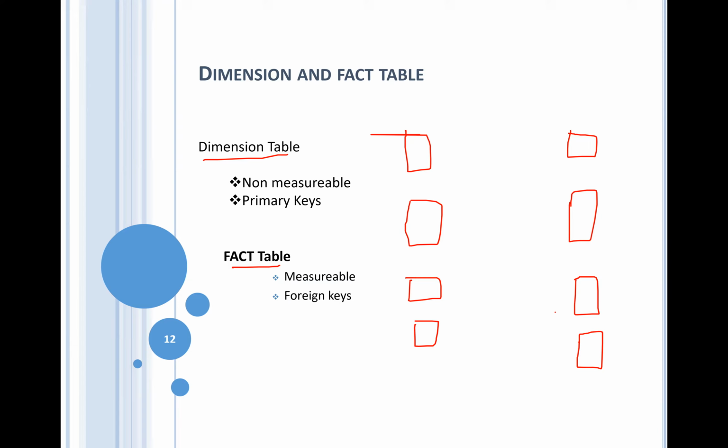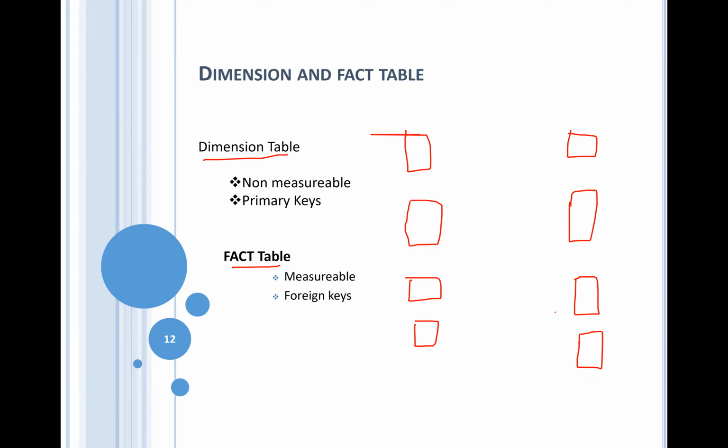If you are an employee for a particular company, the employee ID is the primary key. Your attributes are your first name, last name, mobile number, date of birth, email ID, address, skill set, designation, everything like that. They will maintain it in a table.